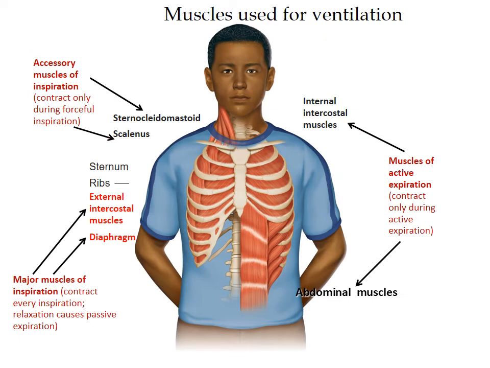This slide is very important because you have all the muscles and their functions here. So let us go one by one. The major muscles of inspiration are the diaphragm and the external intercostal muscles. That is the reason inspiration is always called an active process, because it requires the contraction of these muscles, and that is how it changes the volume and the pressures within the thoracic cavity.